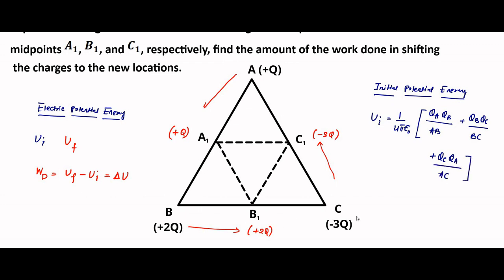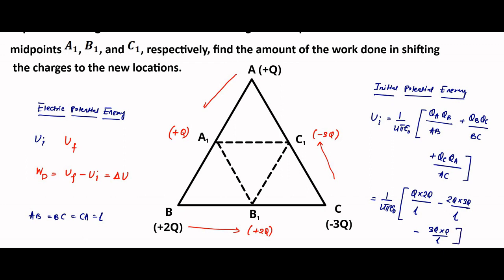Since it is an equilateral triangle, AB equals BC equals CA, which is equal to l. So it will be 1 by 4 pi epsilon 0 times q into 2q by l, then qB is plus 2q and qC is minus, so it becomes minus 2q into 3q by l, then minus 3q into q by l.